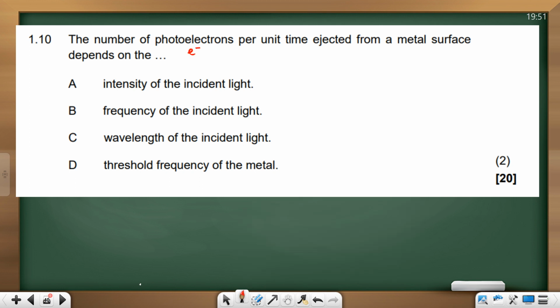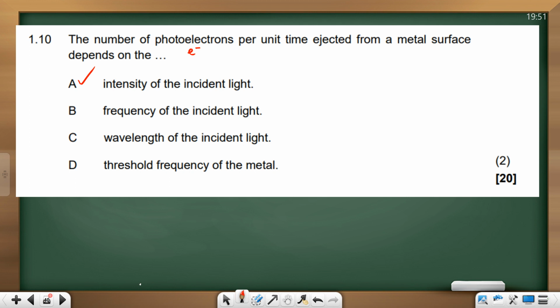Don't worry about the photo. It's just a word. Number will only affect number. Which one talks about number here? Intensity. Done. So don't forget, number is only affected by what? Number.